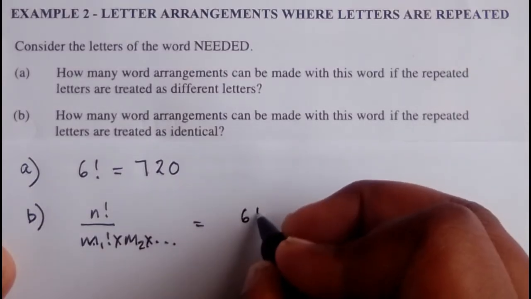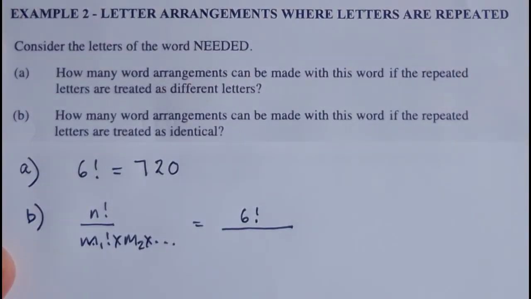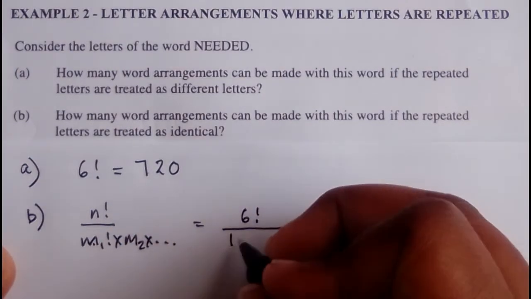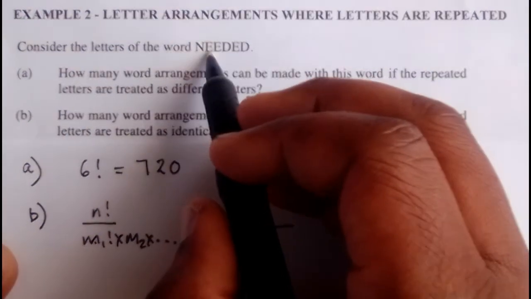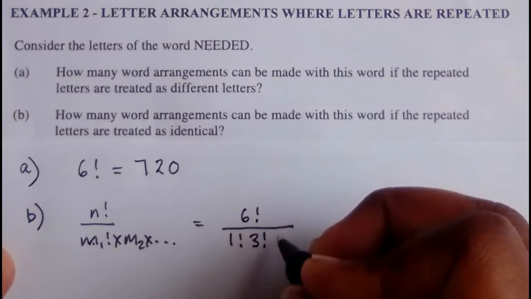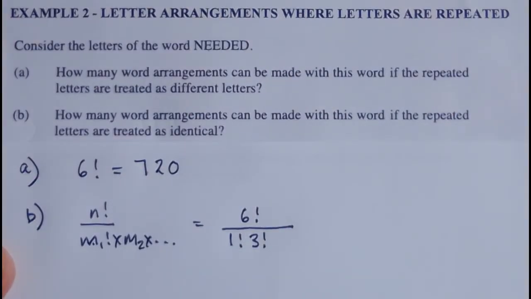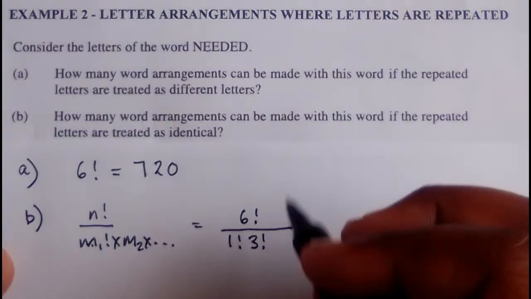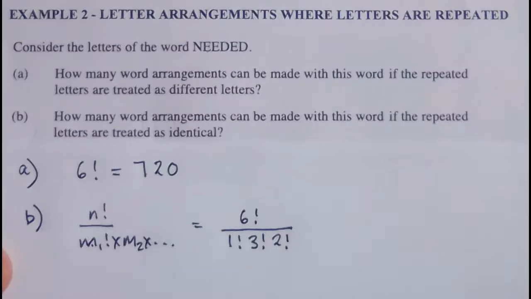We have 6 characters in this word. What letters do we have? We've got n, and there's only one n, so that's 1 factorial. We've got e, but we've got 1, 2, 3 e's, so 3 factorial. Remember, 1 factorial, 3 factorial means they're multiplying each other. And how many d's do we have? We've got 2 d's, so that's 2 factorial.